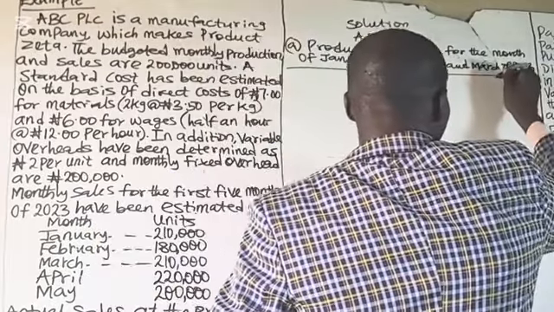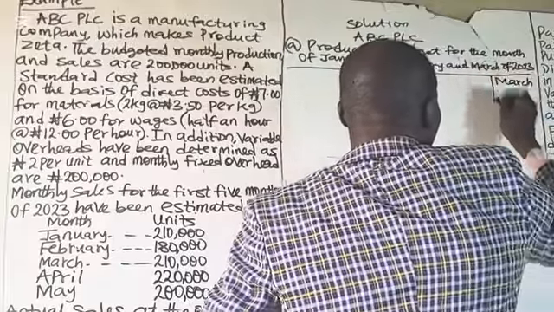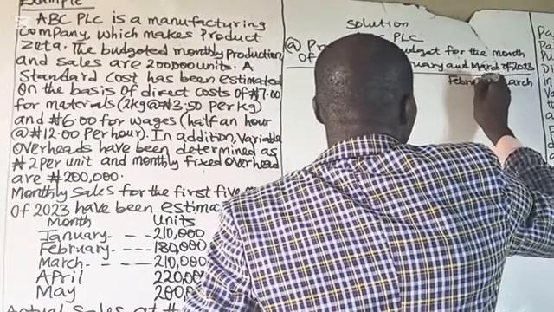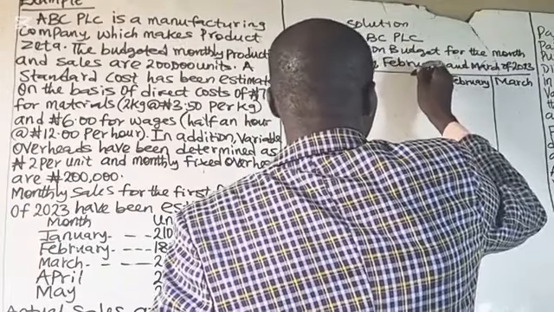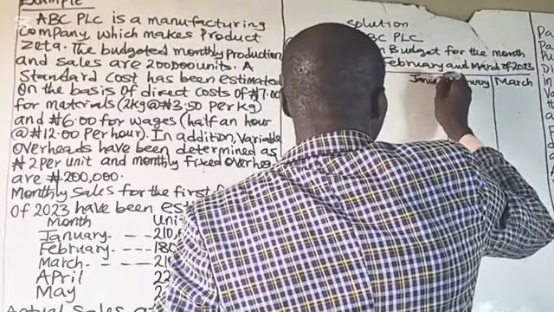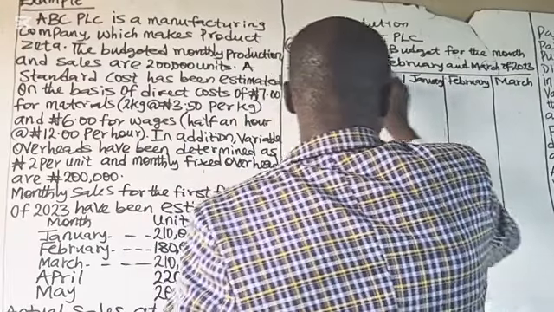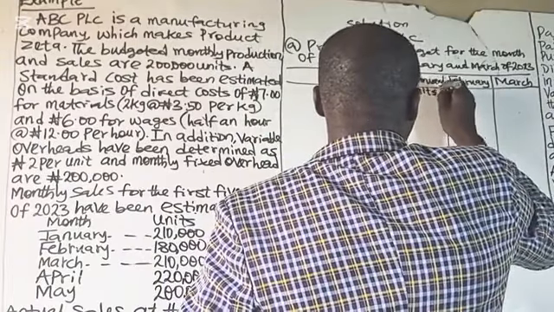So we have March, we have February, and January. These are the budgeted period. So every working must be in units.